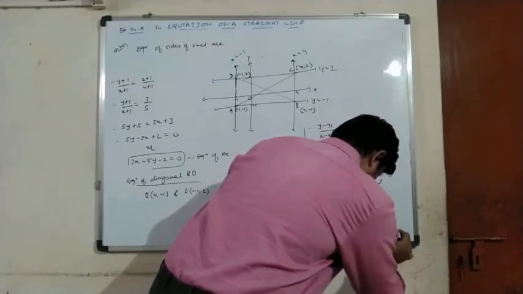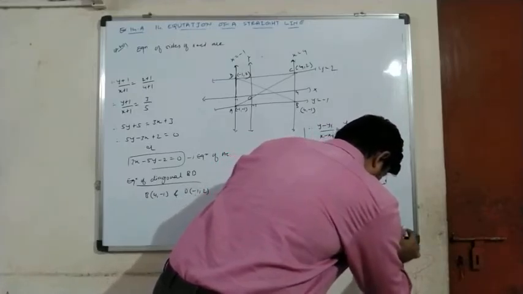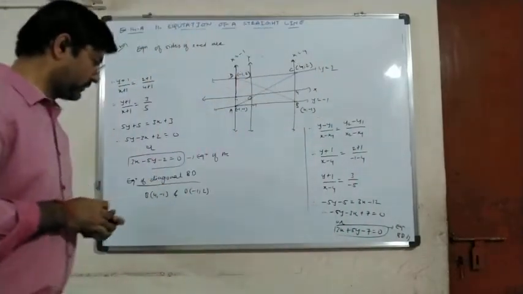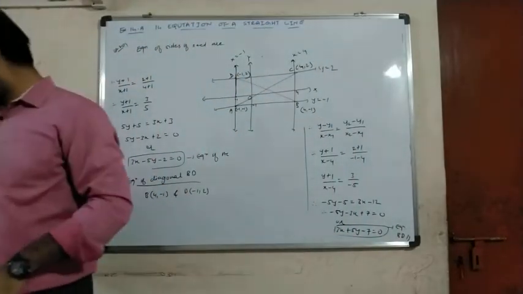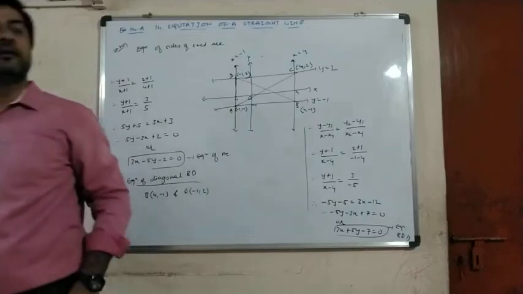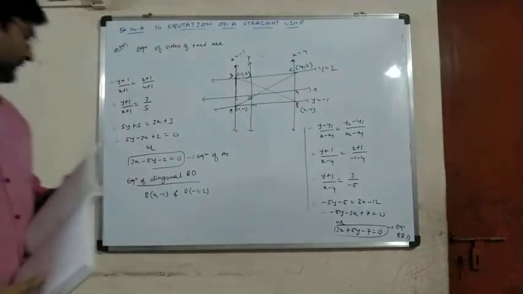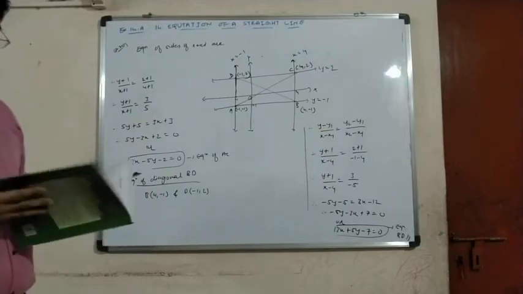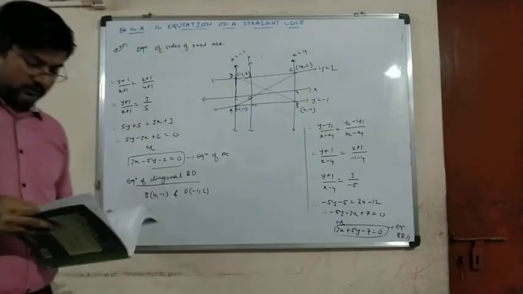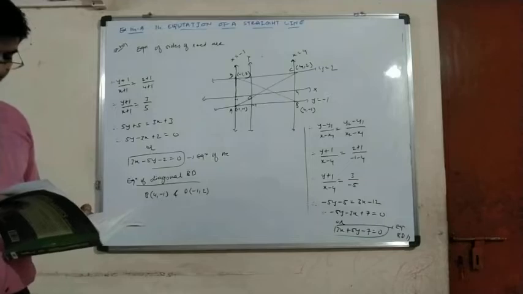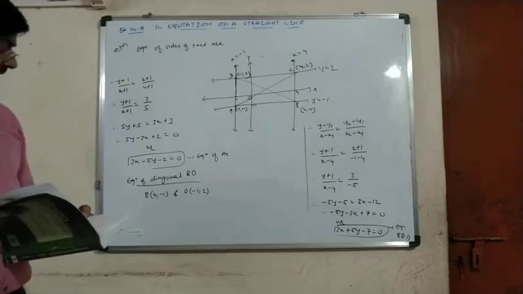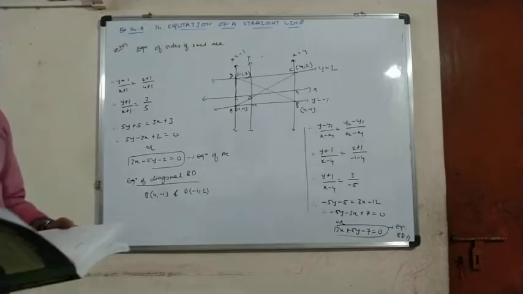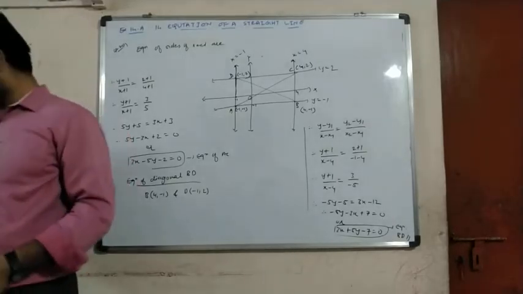This is the equation of diagonal BD. Clear? So we got the two equations. The equation of diagonal AC is 3x minus 5y minus 2, and the equation of diagonal BD is 3x plus 5y minus 7. Clear? So we got both the answers.